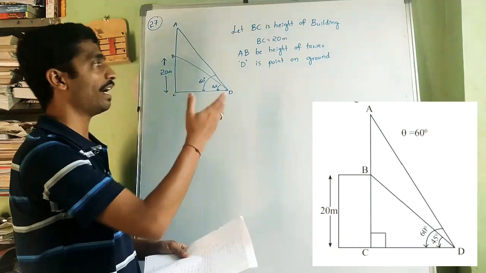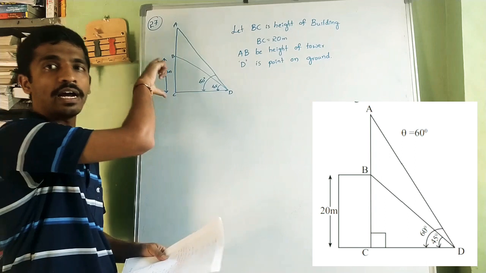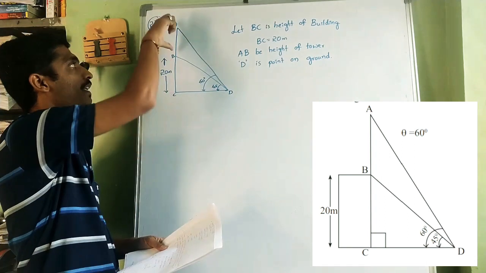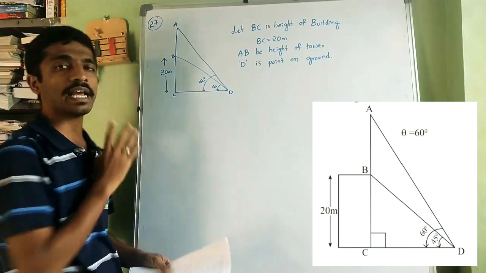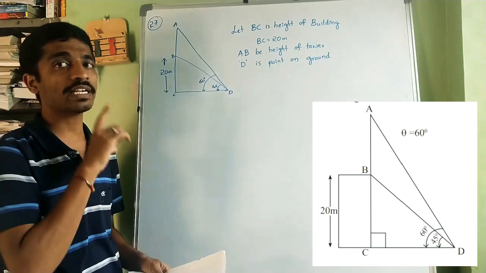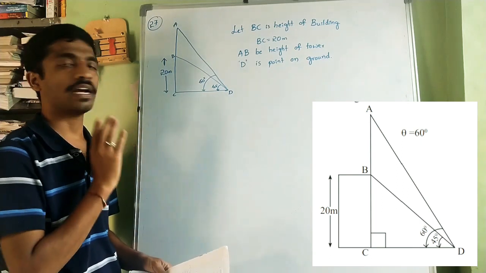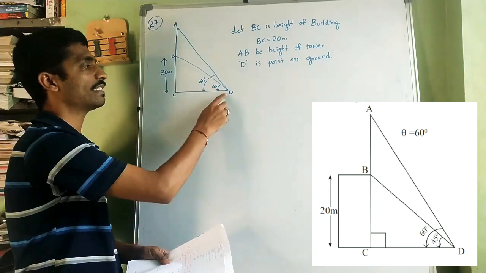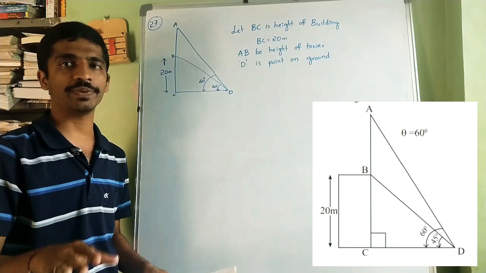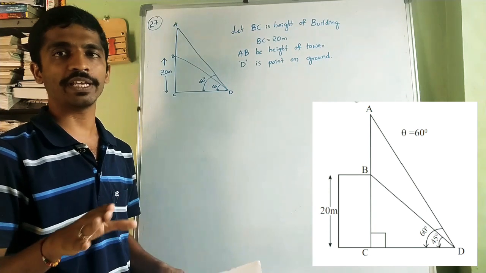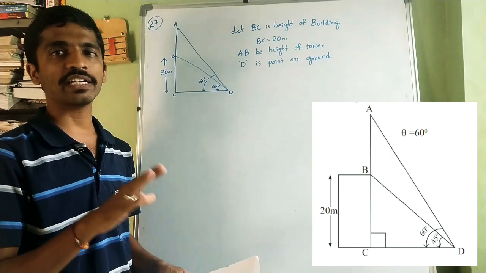Let BC be the height of the building. On this building they fixed one transmission tower. Let's take it as AB. We have to find that AB height, the height of that tower, and D is the point on the ground. They have already given the figure in your textbook, so it will be very easy to identify the triangles.